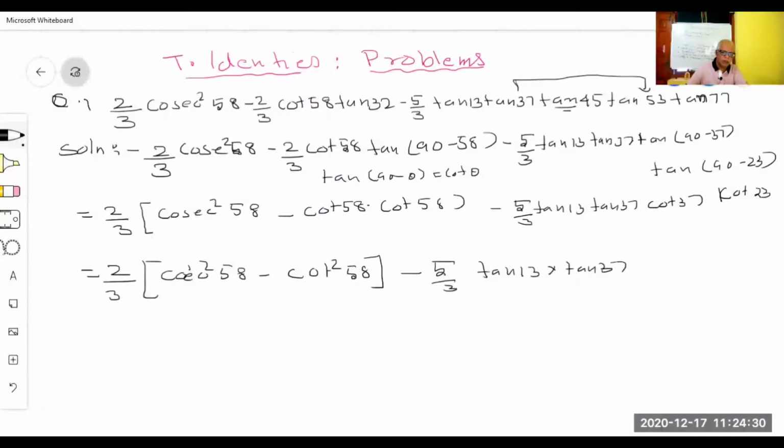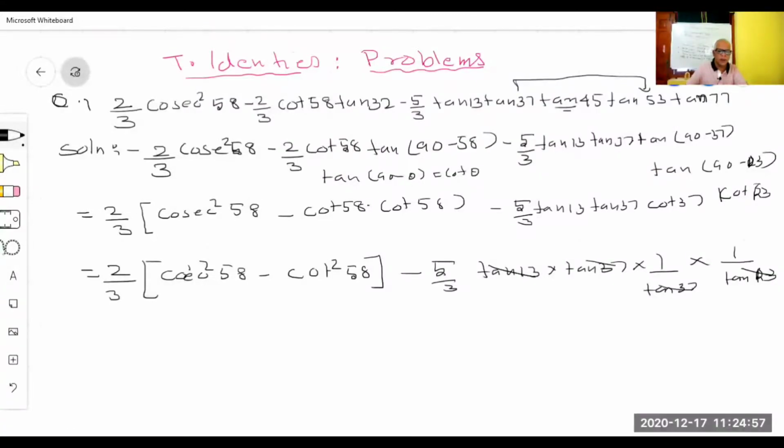Now here cot 37, I'll write as 1 by tan 37, and cot 23, I'll write as tan 23. So what will happen here? It's 13, right? So it's 13. Sorry. Cut.